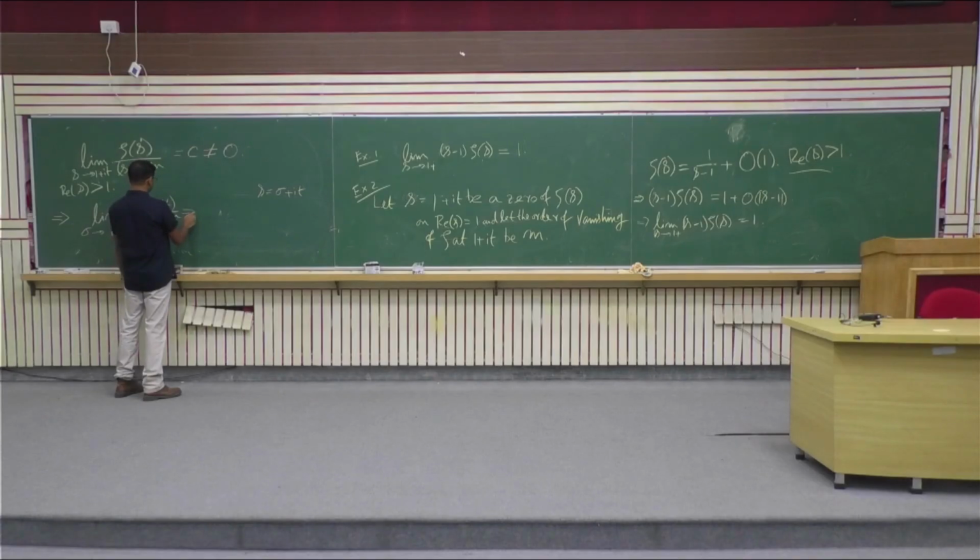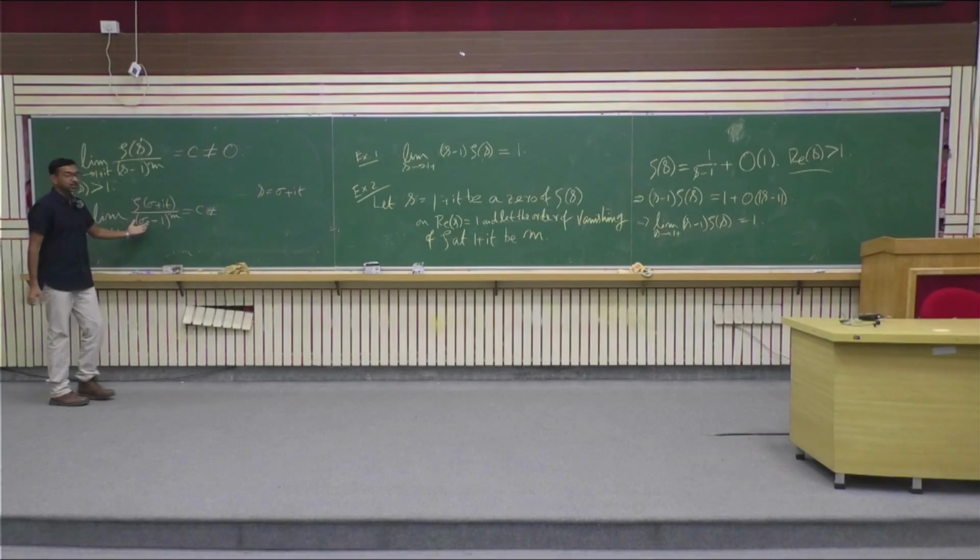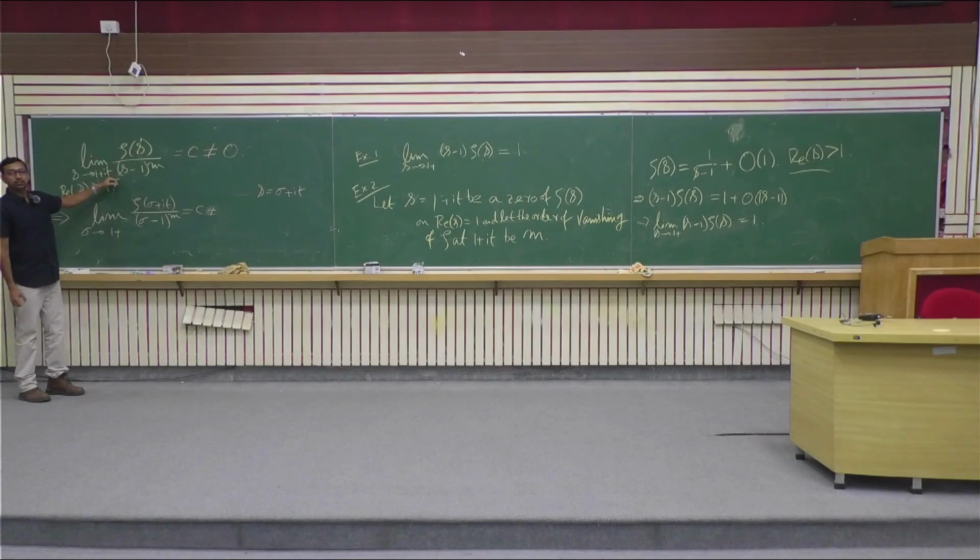This will be some constant c, which you get by taking the Taylor expansion again around the point 1 plus it, and you can take this limit of s coming in.